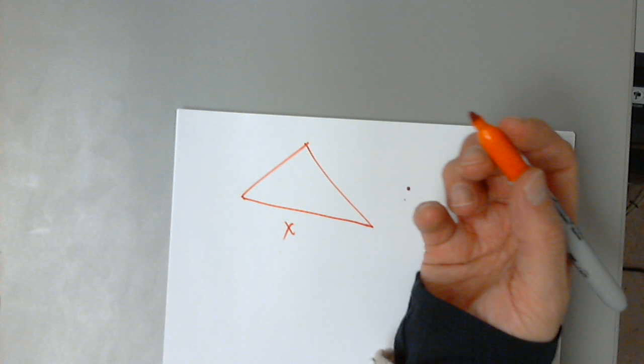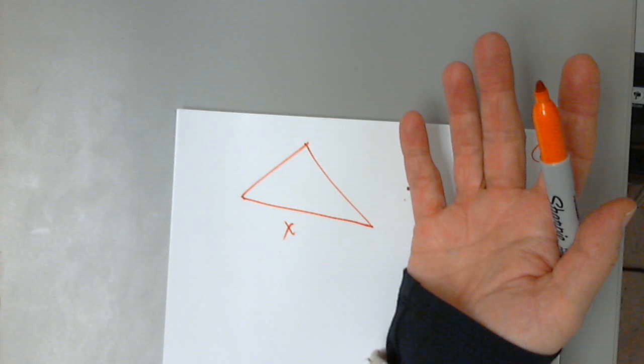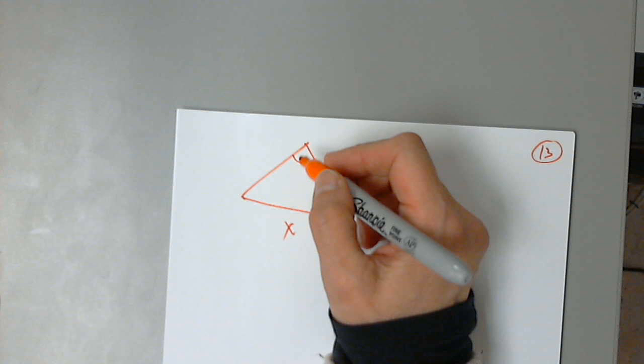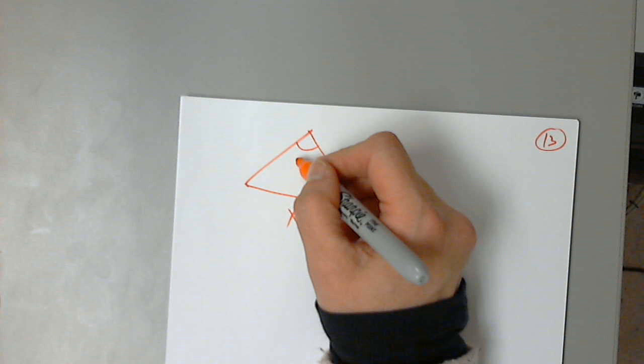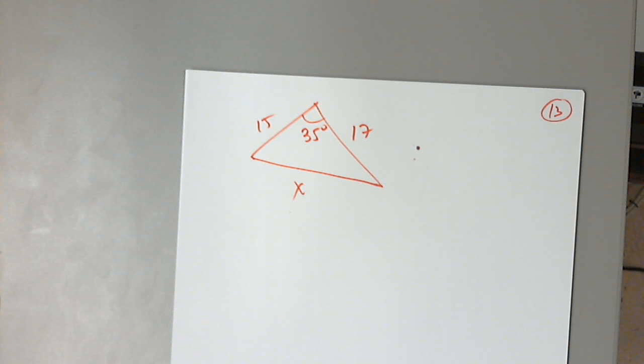If we get something wrong, then we can adjust it. Okay, so we have a triangle. 2 sides are given, 15 and 17, and the angle in between, and we're asked to find the opposite side. So what do you think we should do here?